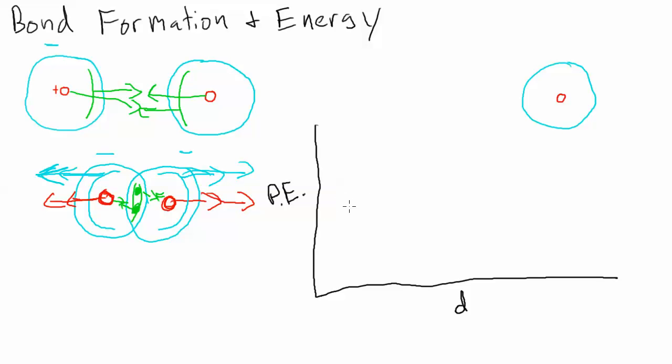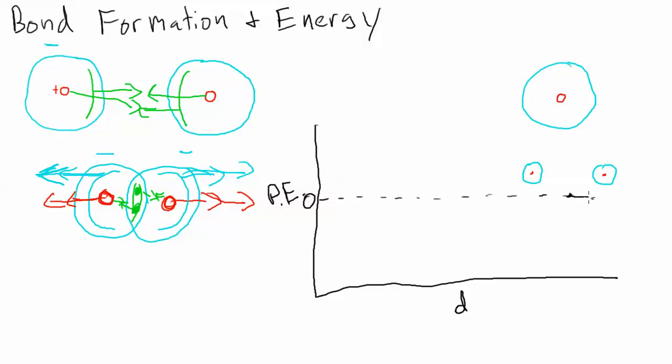I'm going to draw a dashed line right here, and that's going to be zero potential energy. Basically that happens when the two atoms are so far apart that they're really not even interacting with each other. They're just chilling out and not attracting or repelling each other, and at that point the potential energy would be zero.